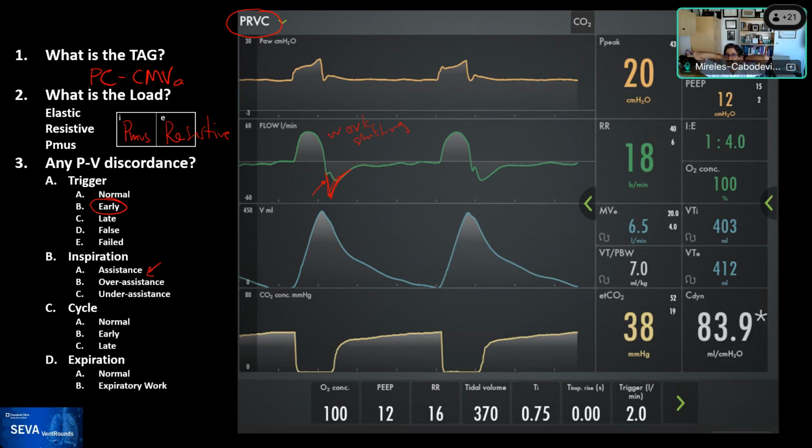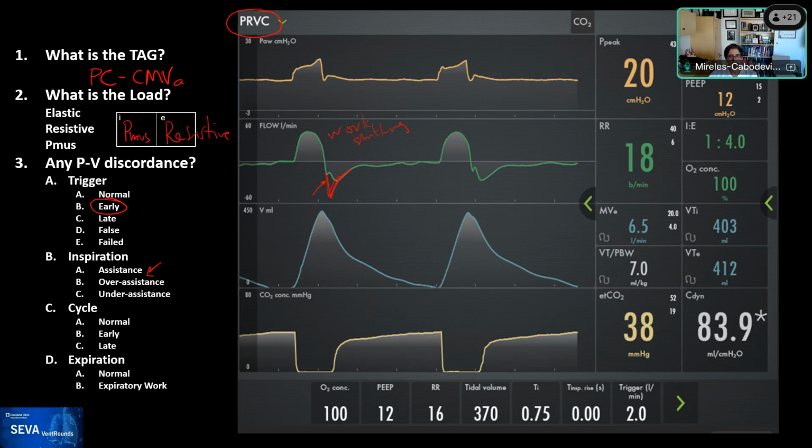But you're absolutely right, the pressure waveform shows abnormalities. Now, because you're controlling the pressure, some ventilators are much better at controlling the pressure, and you may not see that. So that's why we teach you to look at the flow rather than the pressure.